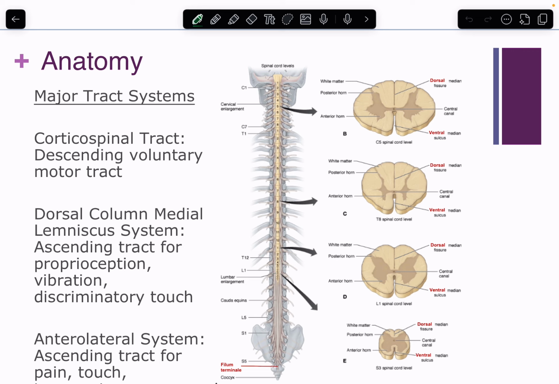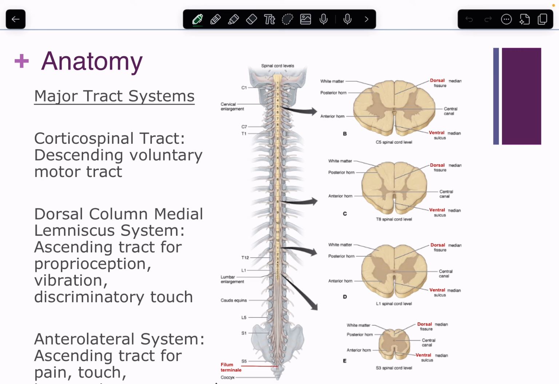Okay, so what's the pathway for this one? So the sensory information from the periphery will enter the dorsal root ganglia, and it will ascend in the spinal cord through your dorsal column. So you'll see the fasciculus gracilis, which is responsible for your lower body, and your fasciculus cuneatus for the upper body.